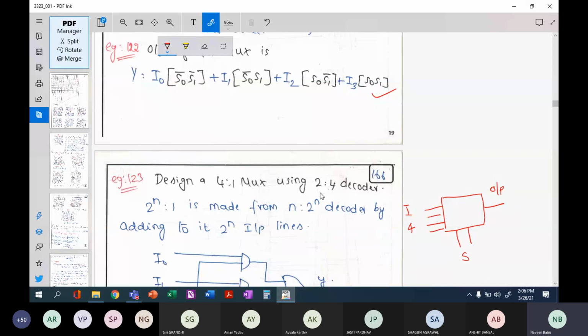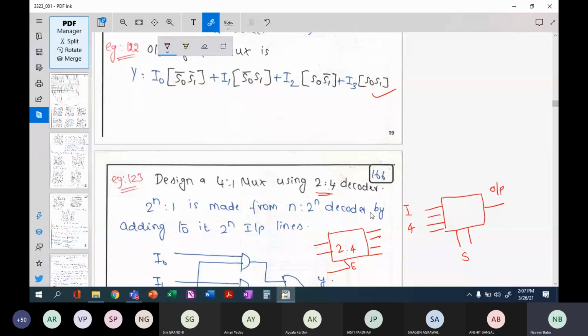Now I have to represent this as a 2x4 decoder. How does a 2x4 decoder look? I will have 2 inputs and 4 outputs, right? So this is my 2x4 decoder. And obviously most decoders additionally have an enable signal, right?